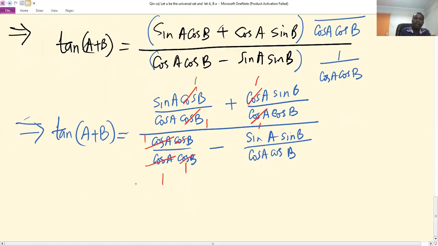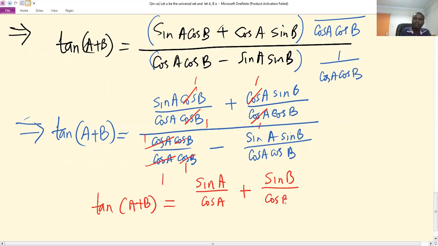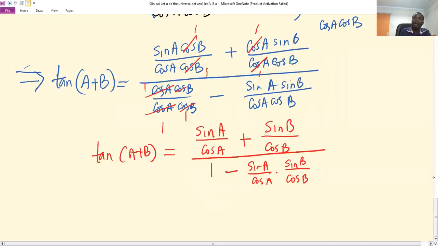So that we have tan of A plus B is equal to, here we have sine A over cos A plus sine B over cos B. This part is 1 minus, this can be written as sine of A over cos of A times sine of B over cos of B. And we have said that tan theta by definition is sine of theta over cosine of theta.